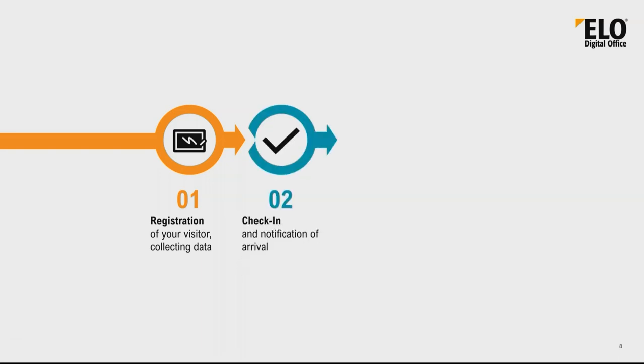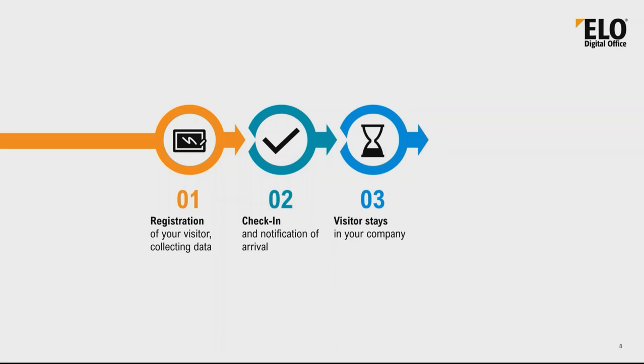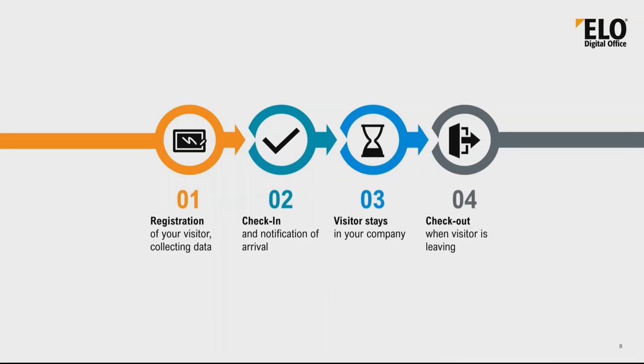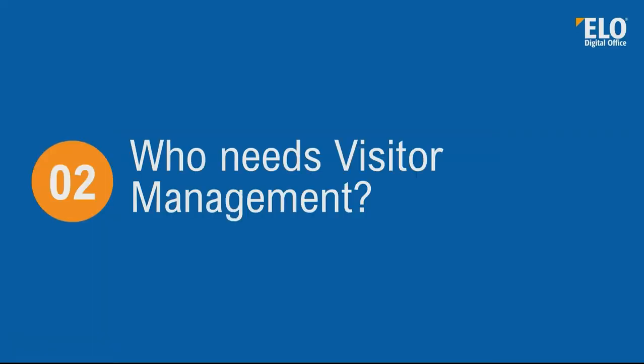Then you have the check-in. When has the visitor arrived? And then you notify the person who gets visited that the visitor is here. Then the visitor stays in the company, there's a meeting or something, and then the visitor checks out. That's visitor management.